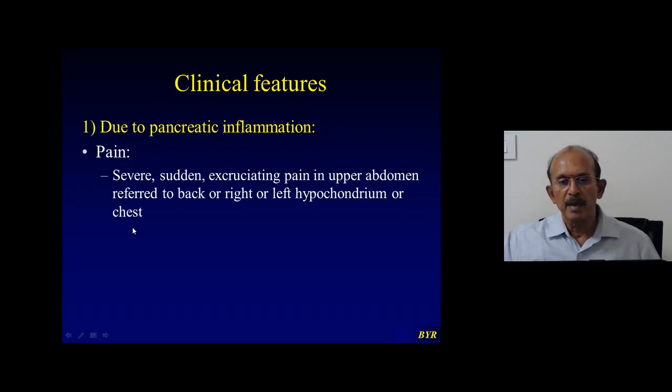The pain is usually in the epigastric region, but because the pancreas is mostly in the retroperitoneum, the patient feels pain in the back also, and sometimes the pain may even radiate to the chest, because along the aorta and inferior vena cava, these enzymes and inflammatory exudates flood the retroperitoneum and go along the great vessels into the mediastinum, and they produce inflammatory action in the mediastinum, producing severe pain in the chest also.